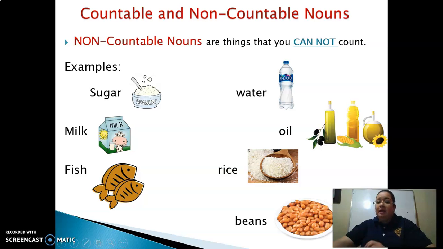They don't go like 893 beans, 971 beans. No, that doesn't happen. Only beans. Remember, non-countable nouns, we cannot count the rice, the beans, the oil, the water, the sugar, the milk, and the fish. Let's go on.